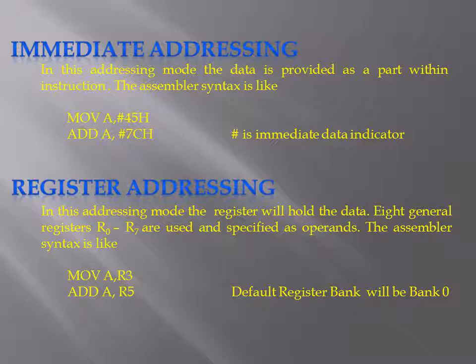We have instructions like MOV A, #45h, which means that 45 is the hexadecimal data to be moved to the accumulator A. ADD A, #7ch means the accumulator is to be added with immediate data 7ch. So hash is the indication of immediate data.